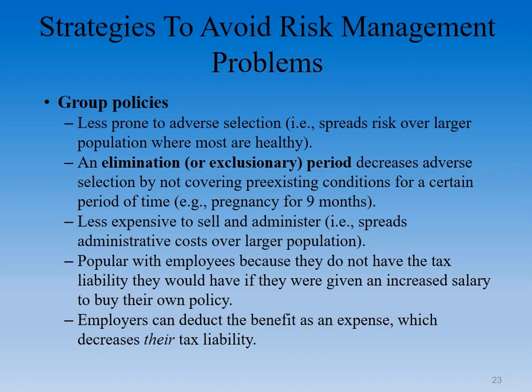It's to decrease their tax liability and also get to have more healthy employees. So from this slide, you will have an IRAT. You need to know that the elimination period, that second bullet, is designed to control the problem of adverse selection.